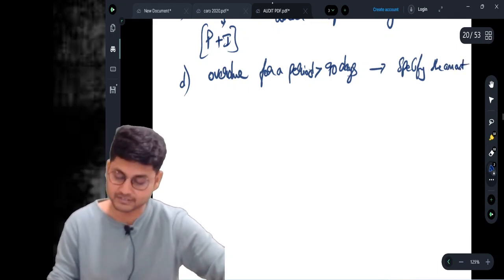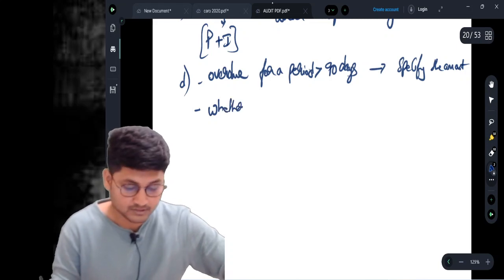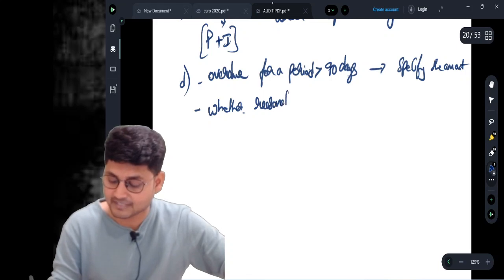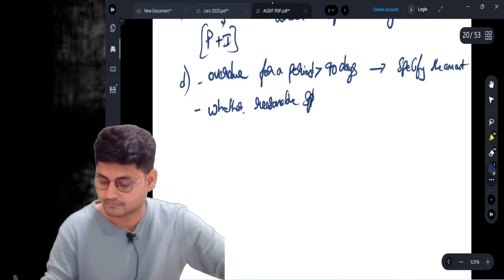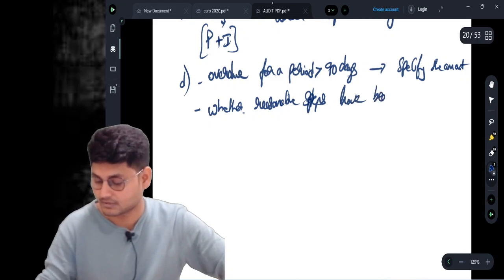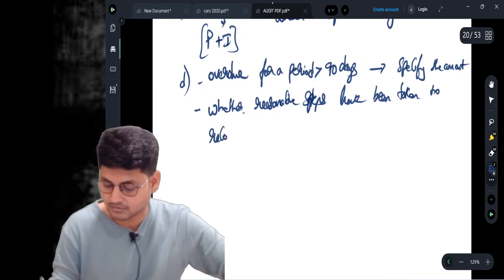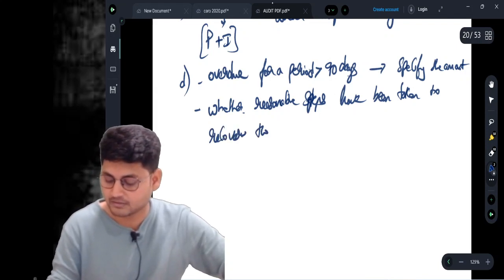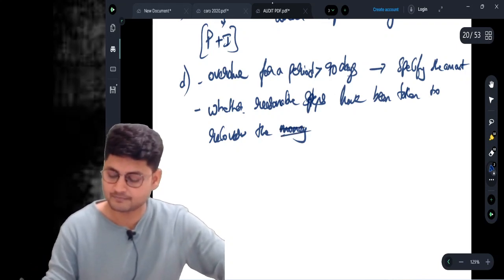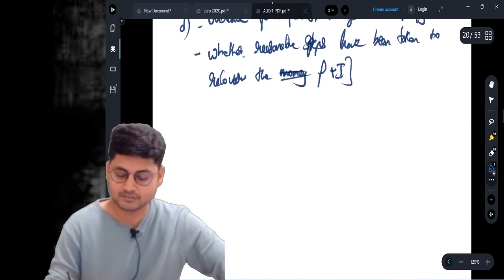Along with that, whether reasonable steps have been taken to recover the money, to recover principal plus interest. You can write it as principal plus interest. This is clause number D.